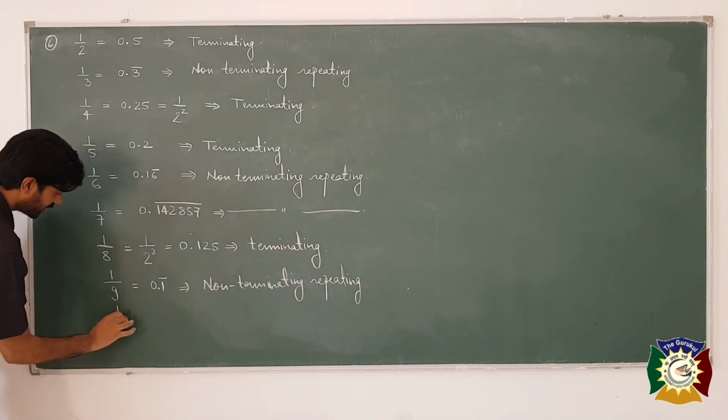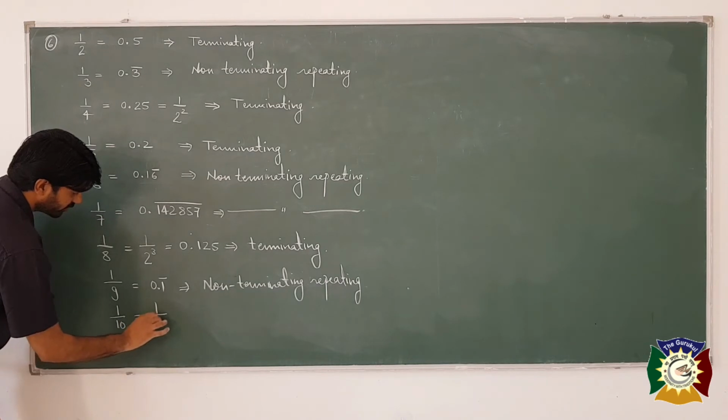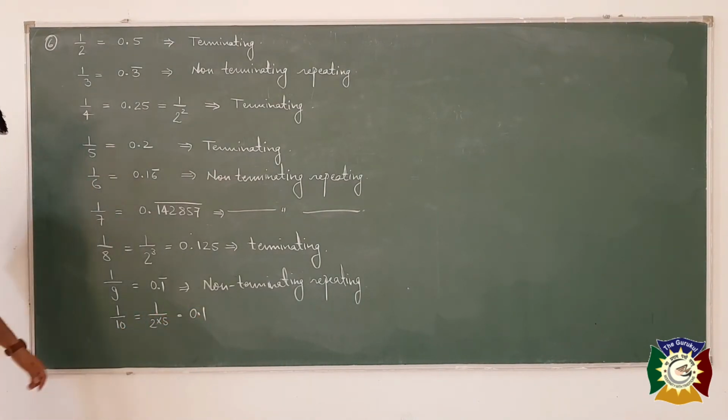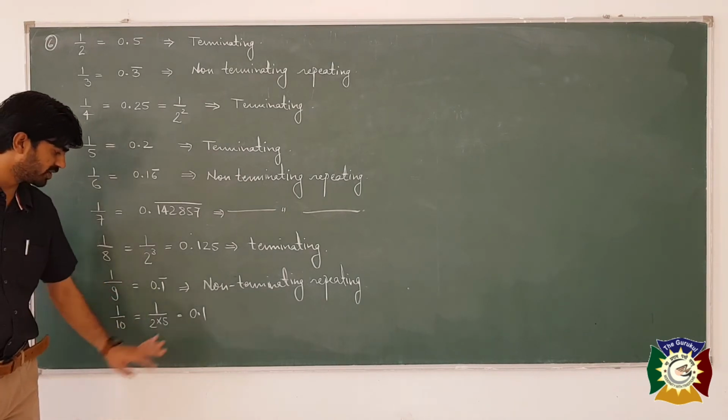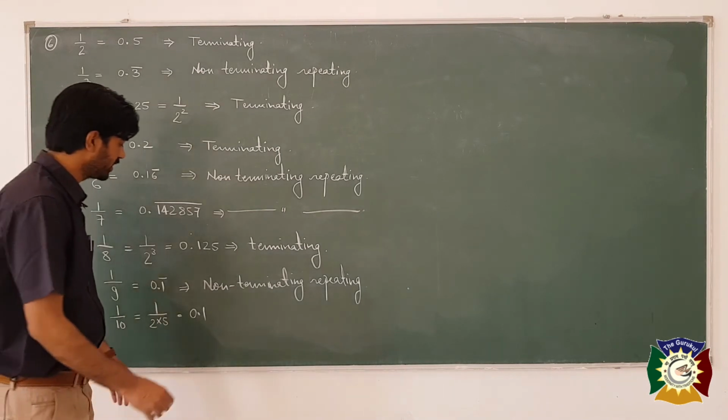Then 1 divided by 10. We know that 10 can be written as 2 into 5, and 1 by 10 is 0.1. So it is terminating.